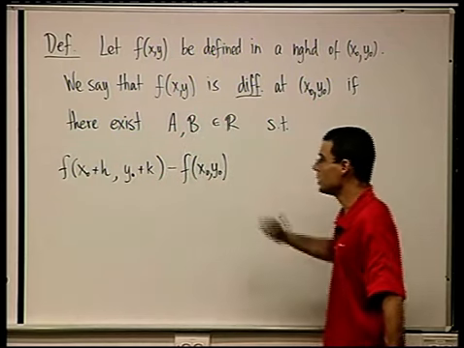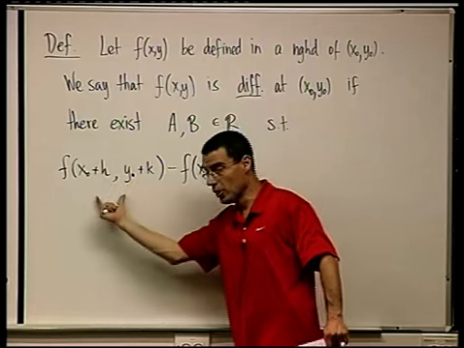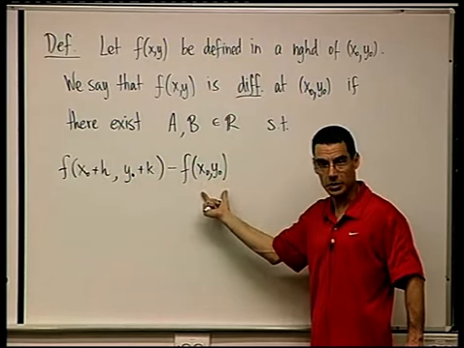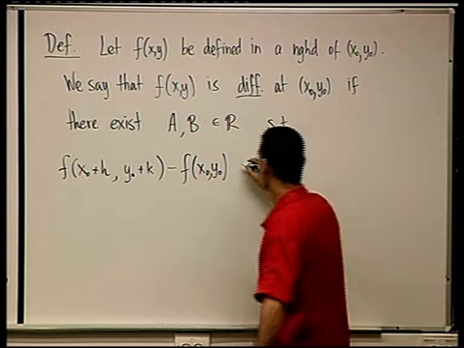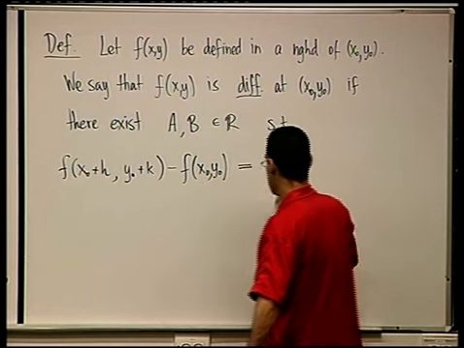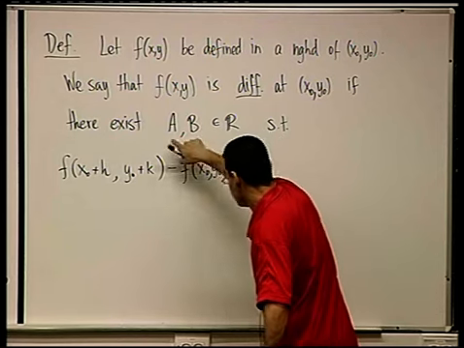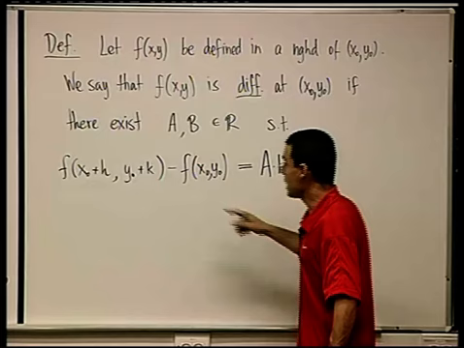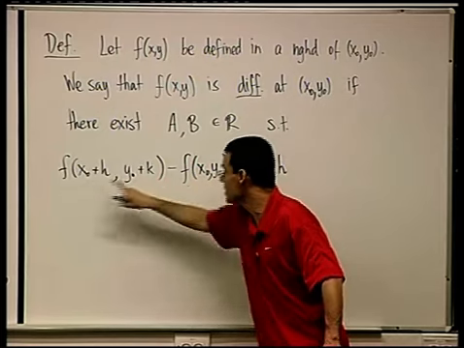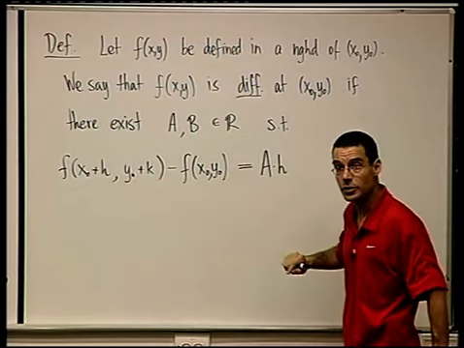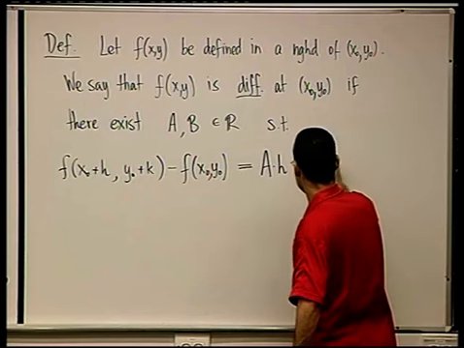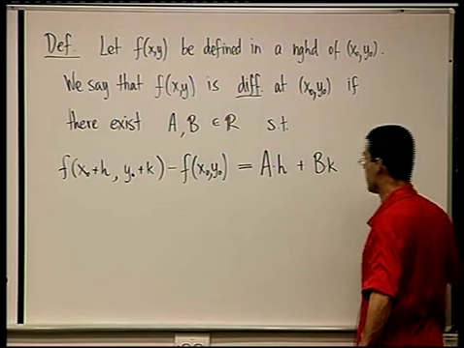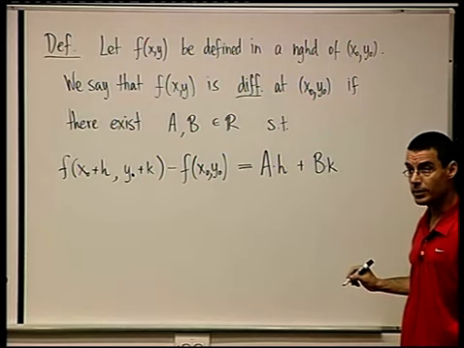That's the difference between the value near x0, y0 and the value at x0, y0, right? Equals this a times h. h is the difference in the x-coordinate between the two points, plus this b times k. k is the difference in the y-coordinate, right?